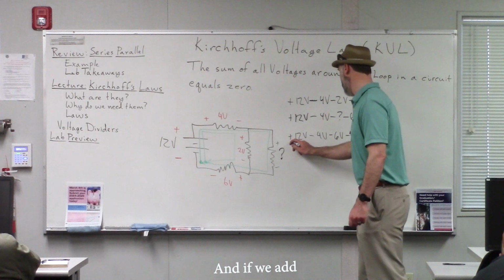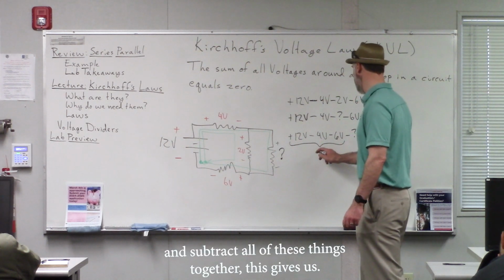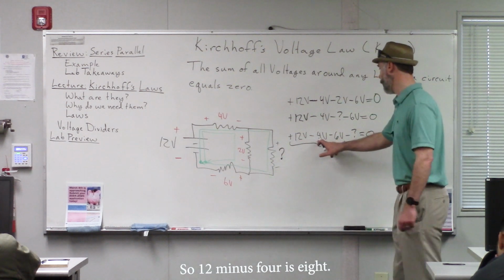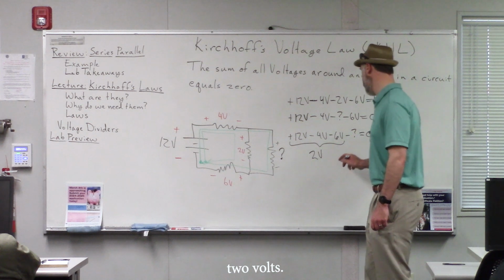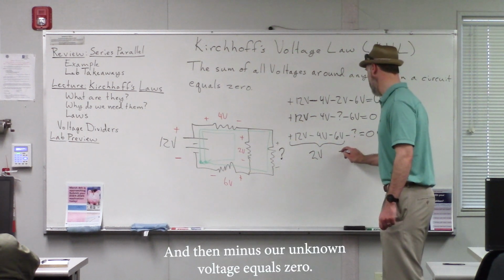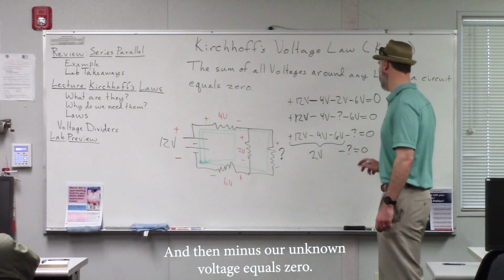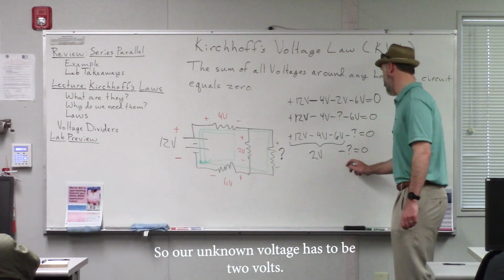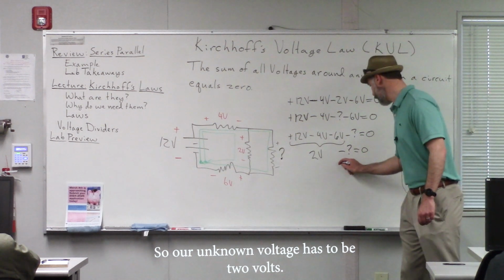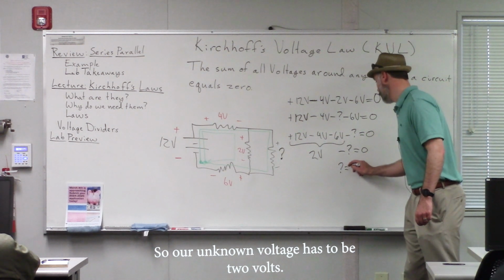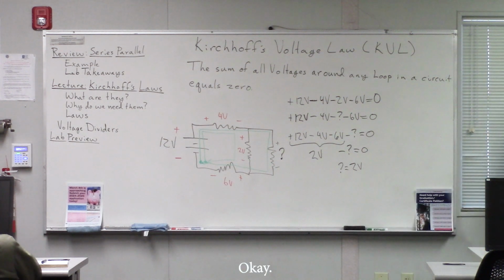And if we add and subtract all of these things together, 12 minus 4 is 8, minus 6, that's 2 volts, and then minus our unknown voltage equals 0. So our unknown voltage has to be 2 volts. Okay?